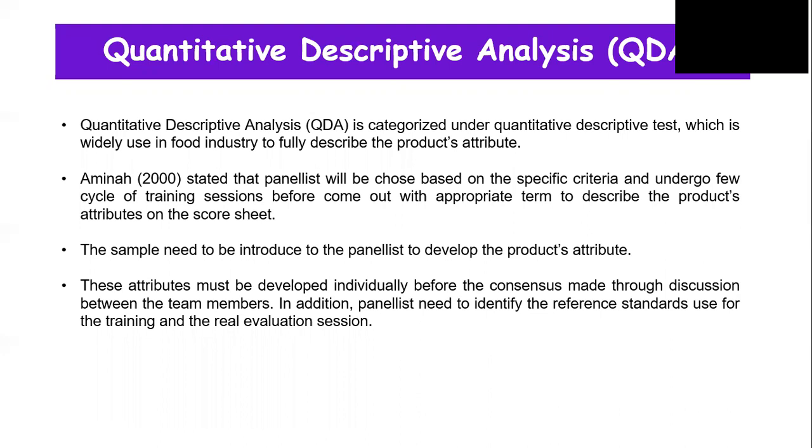For example, if you present potato chips to them and ask them to describe the potato chip, they will be able to describe the whole characteristic of the potato chips, starting from the appearance, and then taste, the texture, the aroma. When they describe in terms of texture, they will go one by one. What are the most important characteristics in terms of texture for the potato chip?